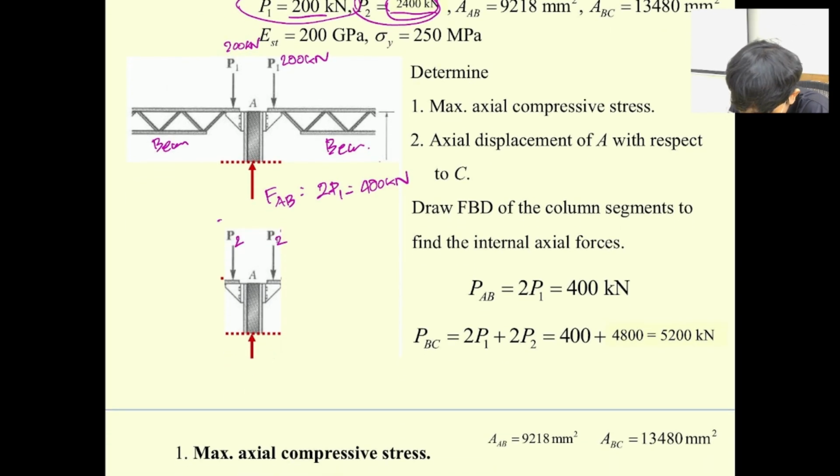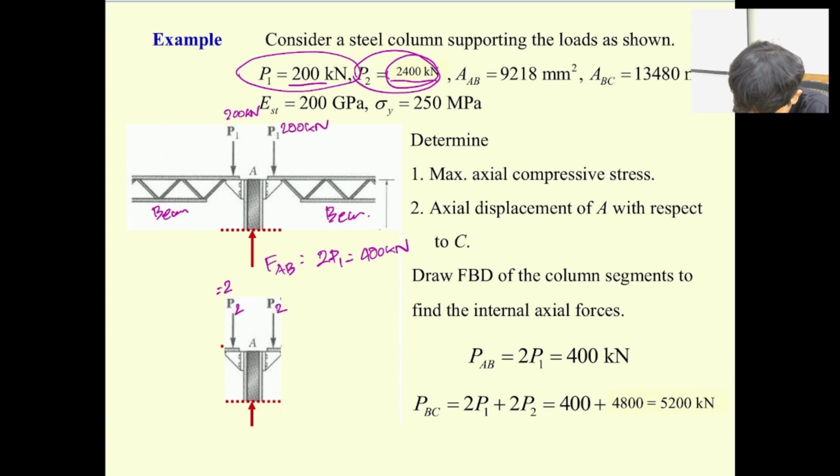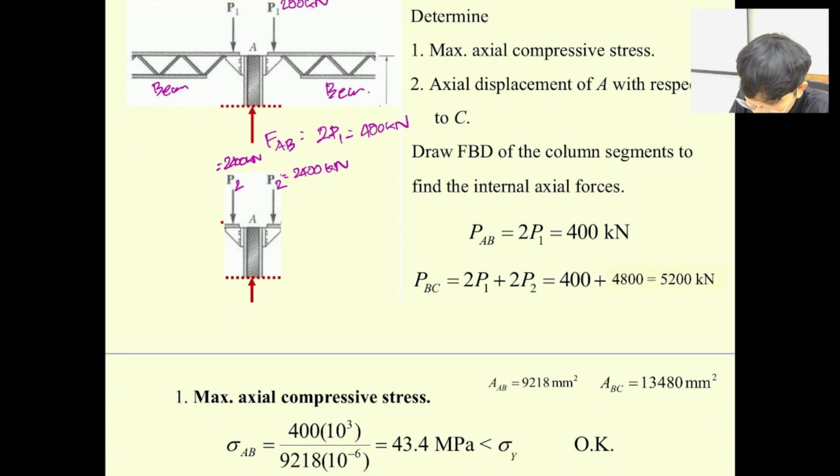So this one is going to be 2400 kilonewton. This one, similar thing, 2400 kilonewtons over here. So the reaction, we're going to have another one from FAB, which is 400.